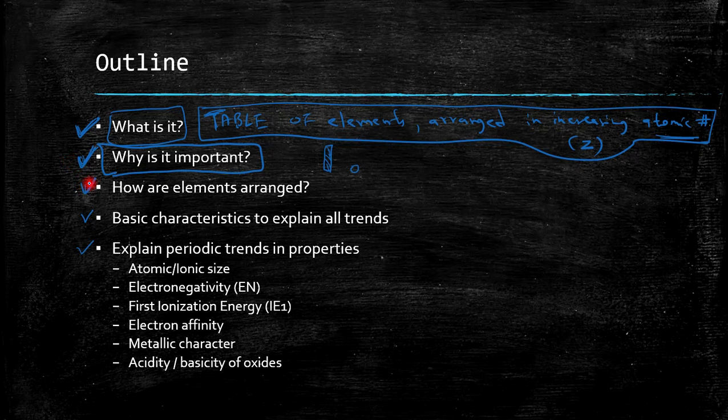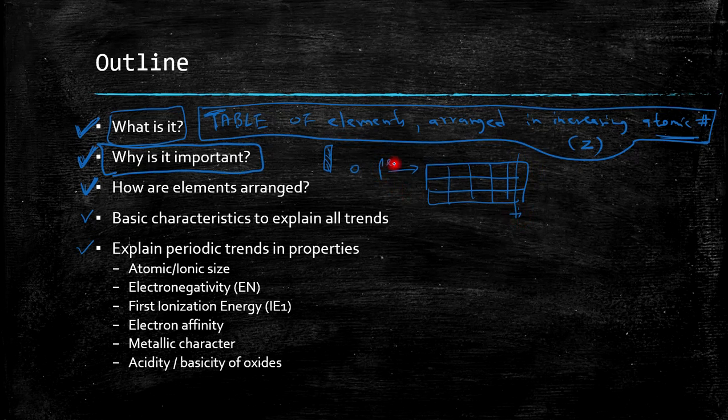How elements are arranged, we just spoke about it. They are arranged in ascending order of their atomic number. So if you take a periodic table and you are arranging the elements in various horizontal rows called periods and vertical columns called groups.